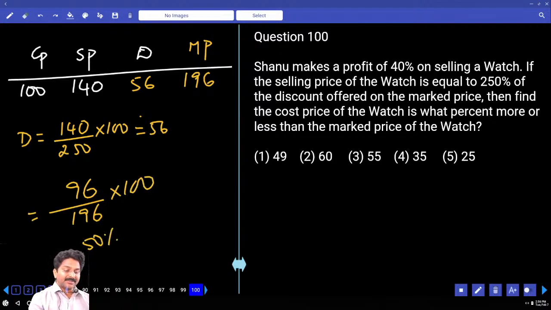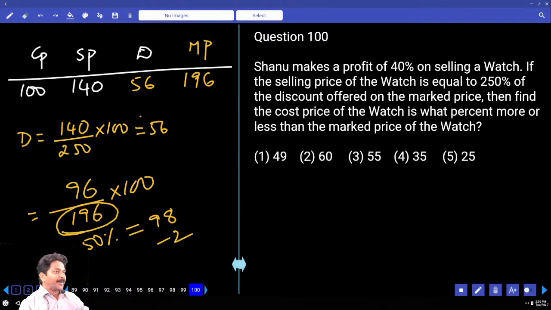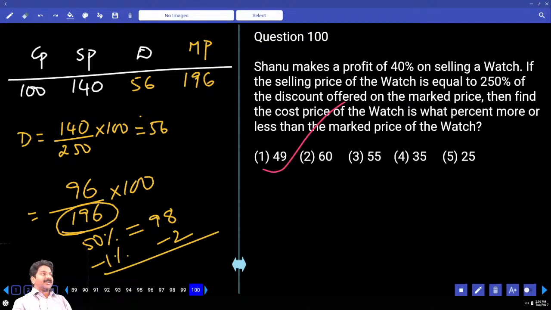What is 50% of the denominator? 98. Our numerator is 96. How much less is that? 2. Approximately, 1% is 1.96. That is 2 only, so you need to subtract 1%. Answer: 49%. Over. Come on.